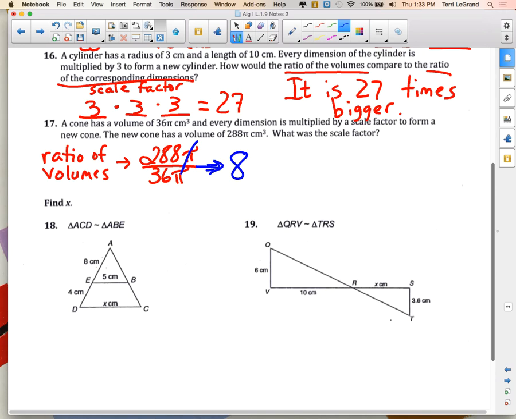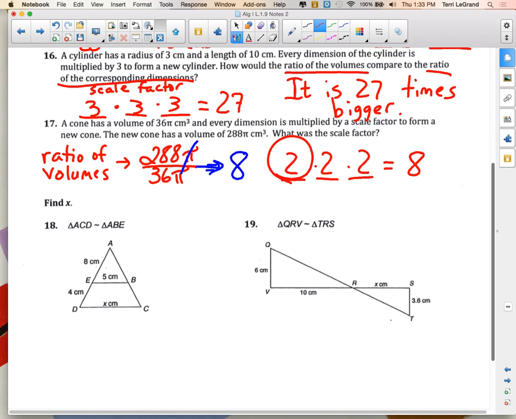I don't really want an equal sign there. I just wanted to say the ratio of the volumes is 8. They want the scale factor. So is that our answer? No, they weren't asking for the ratio of volumes. They're asking for the scale factor. How do we get the scale factor from the ratio of volumes? Something times something times something equals 8. What is that something? 2.